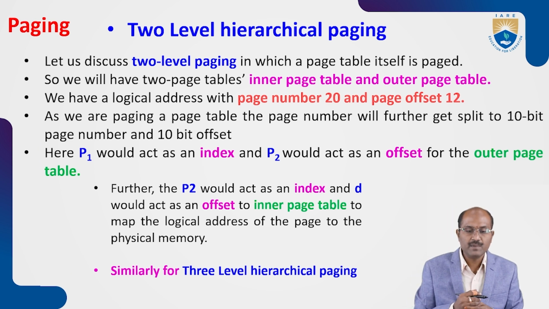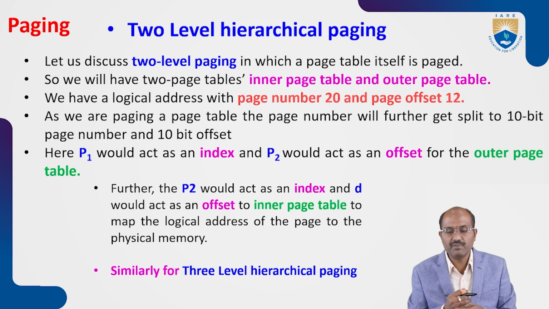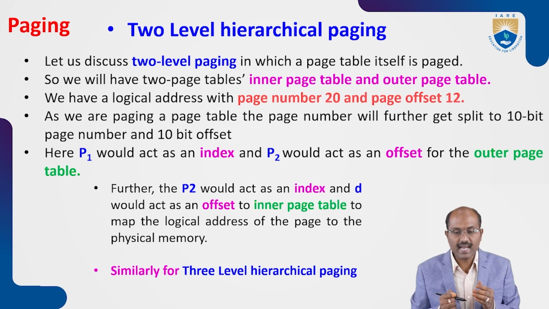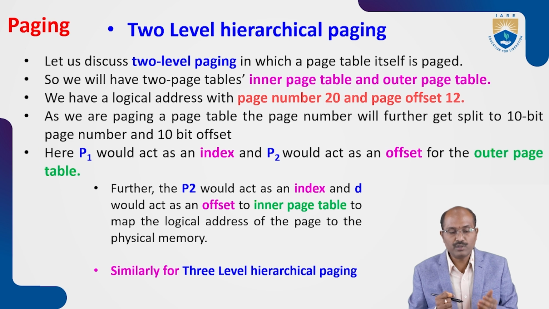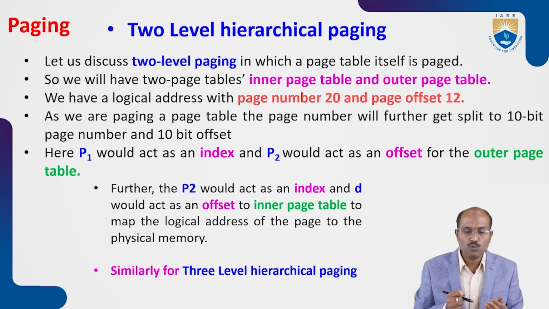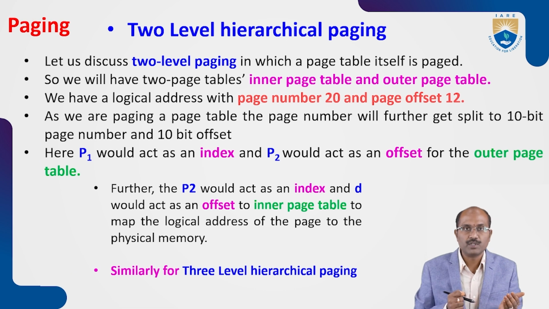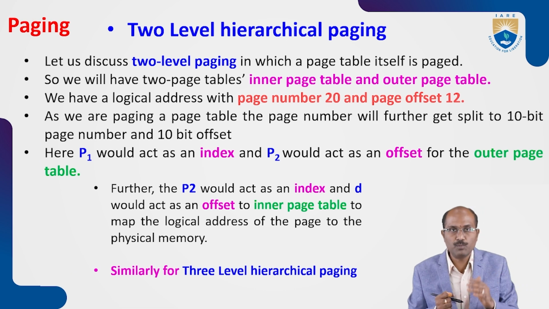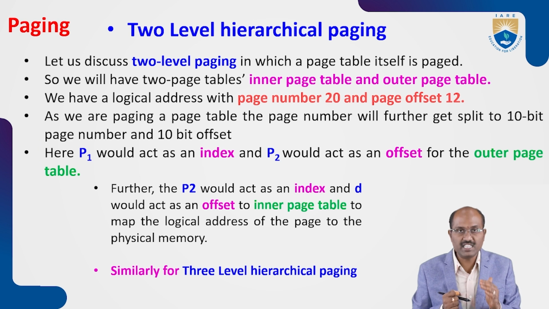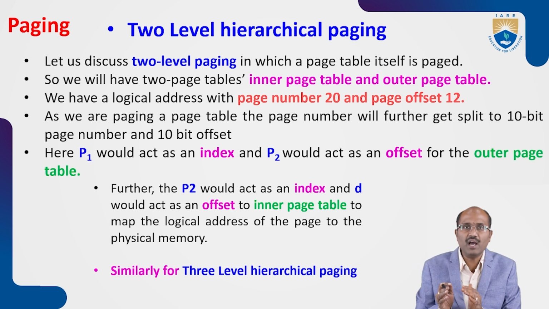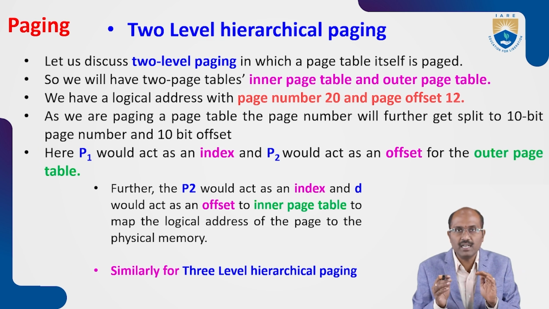As we are paging a page table, the page number further splits into a 10-bit P1 and a 10-bit P2. P1 acts as the index into the outer page table, P2 acts as the index into the inner page table, and D is the offset. Offset is common for both the outer page table and the inner page table.